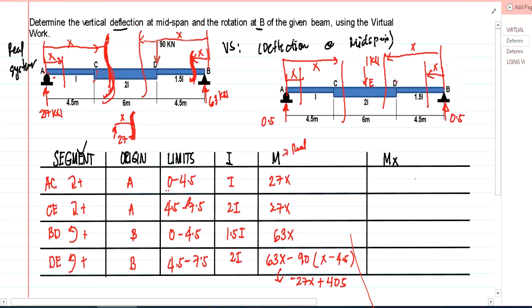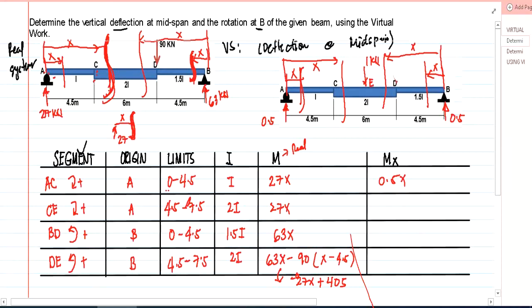For the AC, what will be our equation here? When we cut here, what will be our equation? What will be the moment equation when we cut at AC and take moment at the cutting plane? 0.5x, ma'am. So we have 0.5x positive.